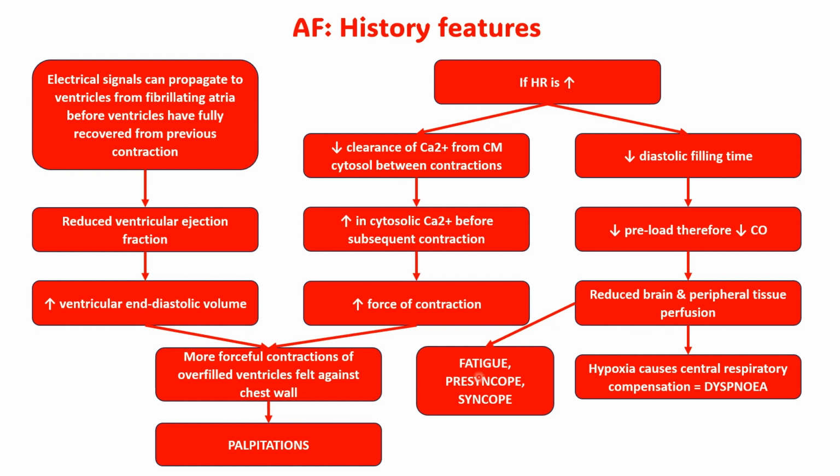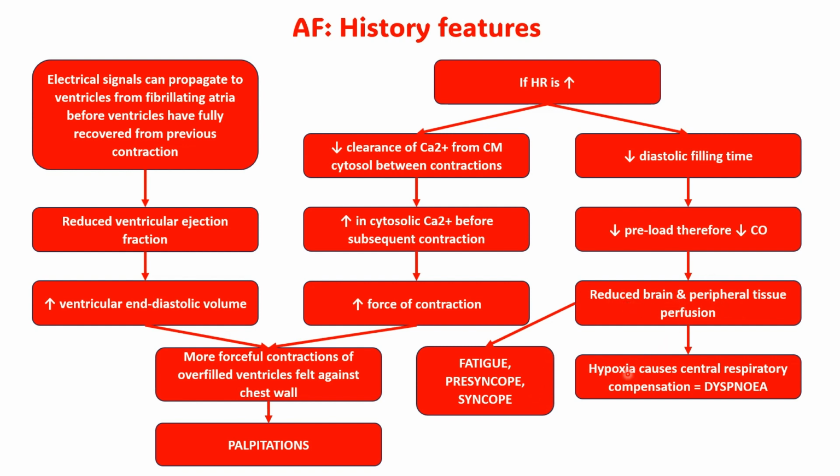So we can have fatigue, pre-syncope or syncope, and when we see syncope, it's typically due to bradycardia after a paroxysmal episode of AF, and that's because the SA node has to take time to reset, and that can mean that the heart temporarily can't get enough oxygen to the brain, so that's why patients might experience syncope.